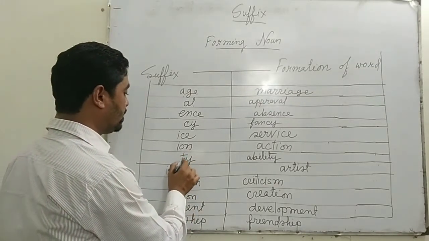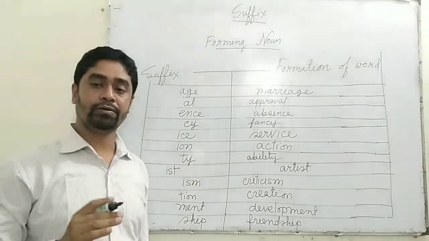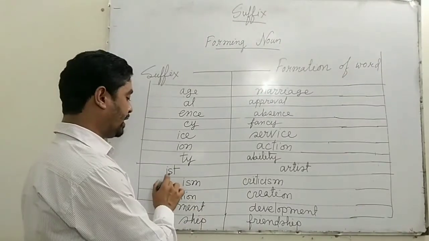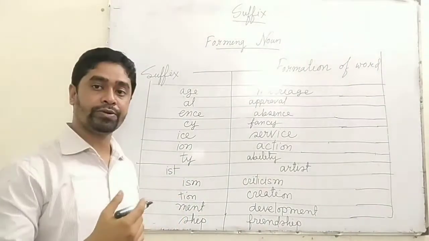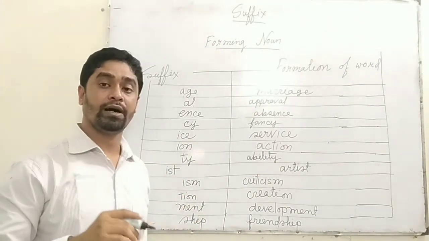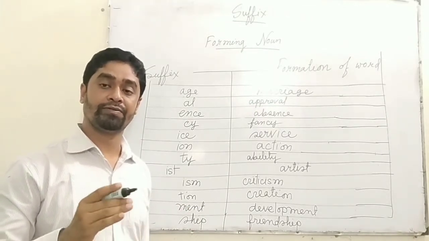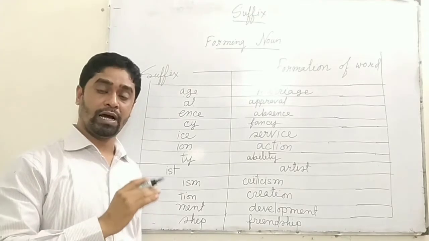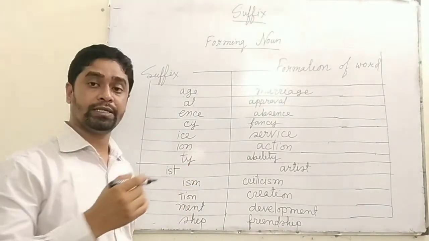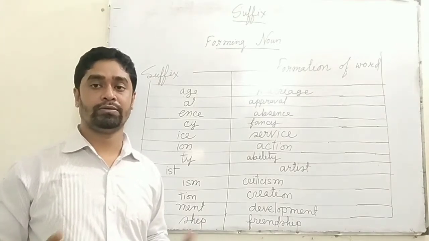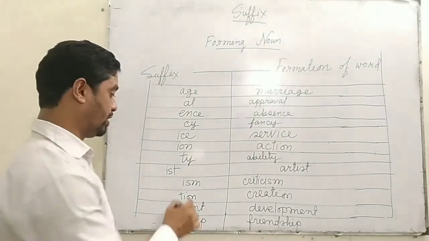Next, ty, it also creates a noun, that is ability. Ist, it also creates a noun, that is artist. Here art is the base word. After the word art, ist is added, then it makes a noun, that is artist.